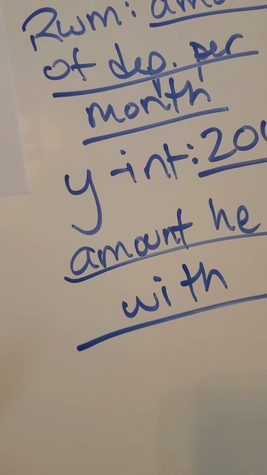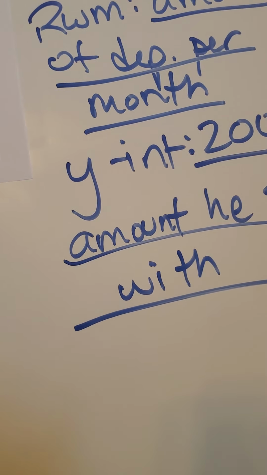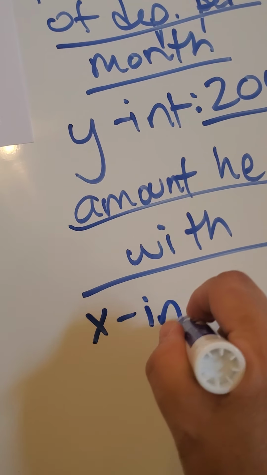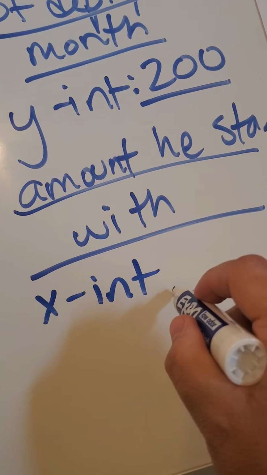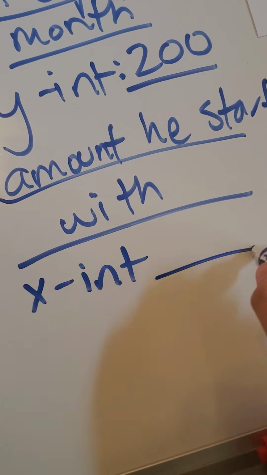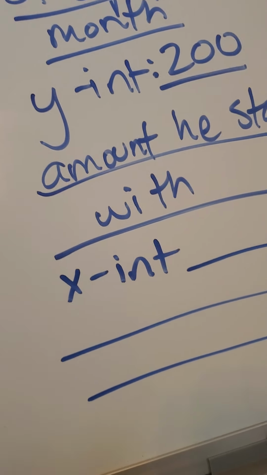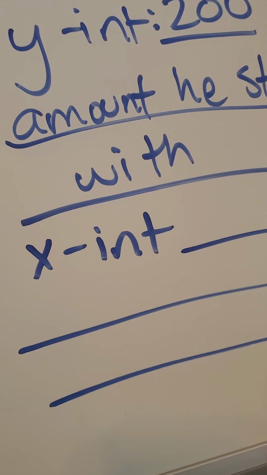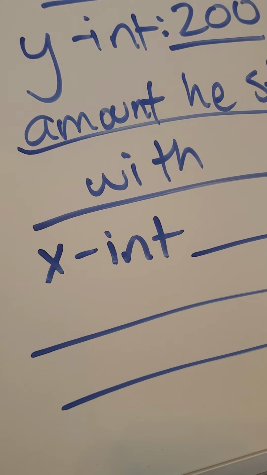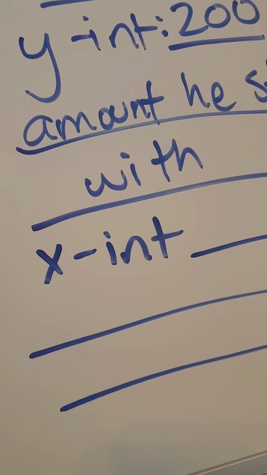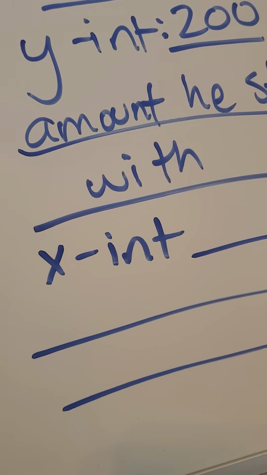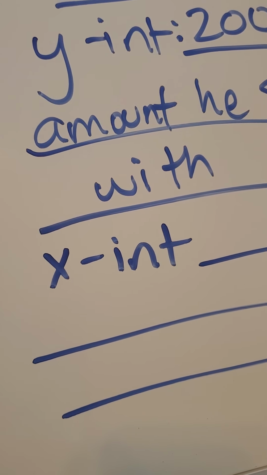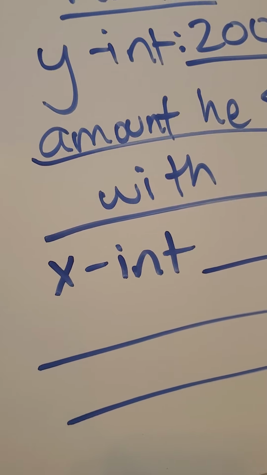Okay. And then x-intercept. If I think about this, that's going to be when y is 0. And this is going to be a weird one because if I think about it, if he's starting off at $200 and he's depositing $55 a month, he's never really going to be at $0, is he?